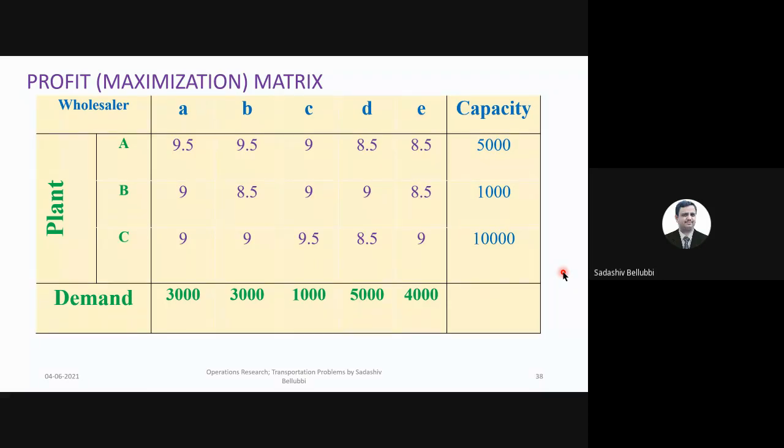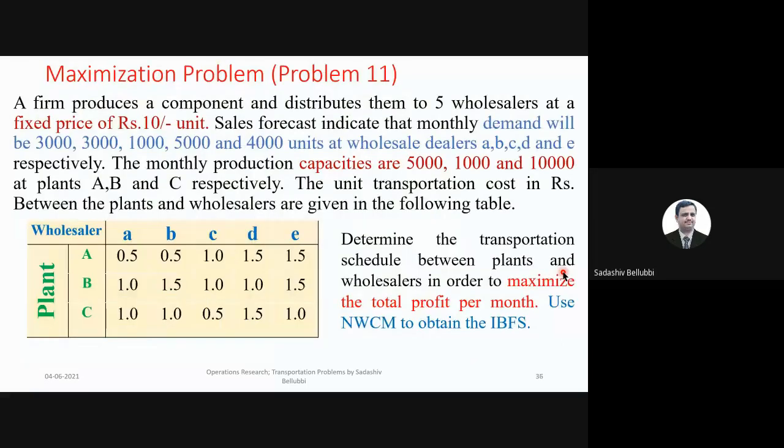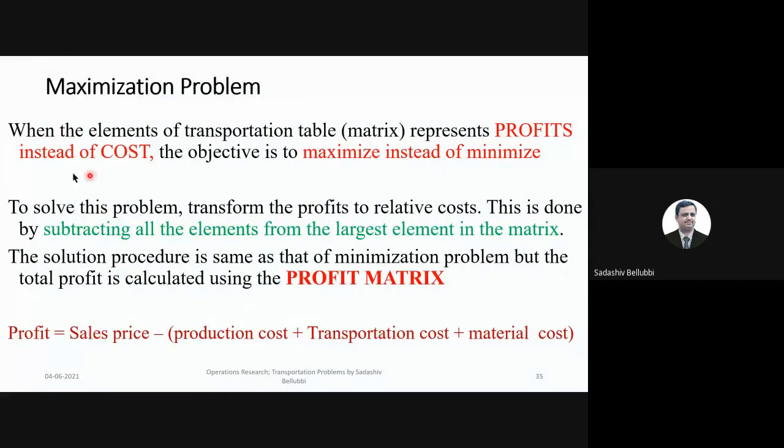You can see this second point: to solve this problem, transform the profits to the relative cost. This is done by subtracting all the elements from the largest element in the matrix.